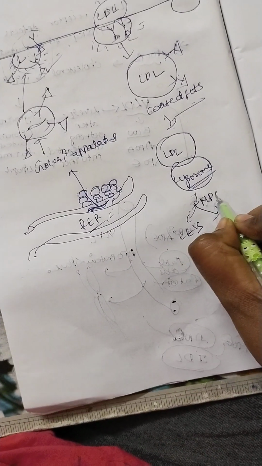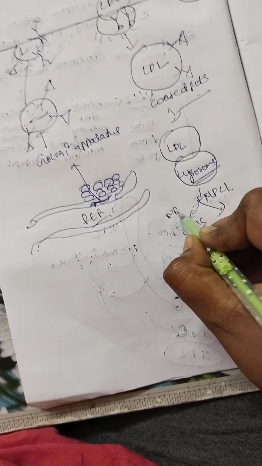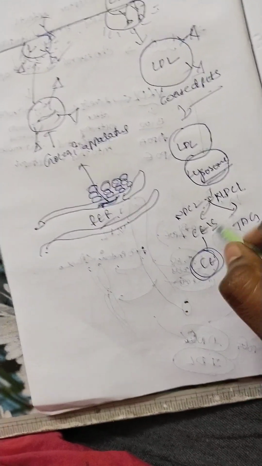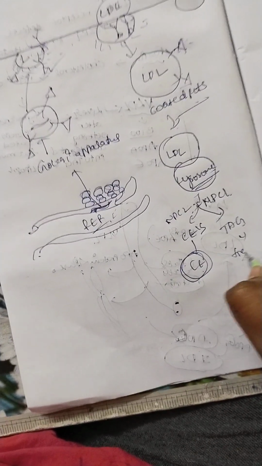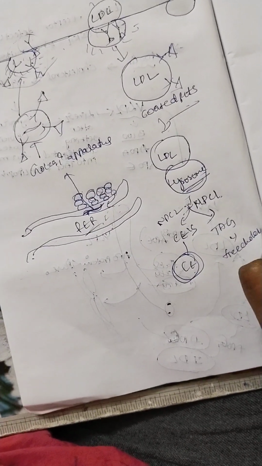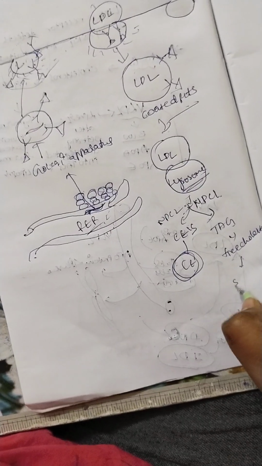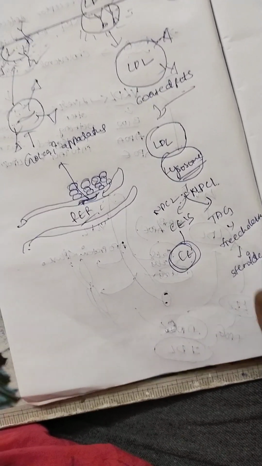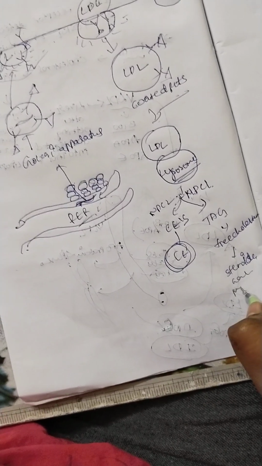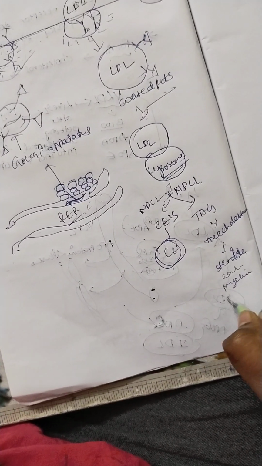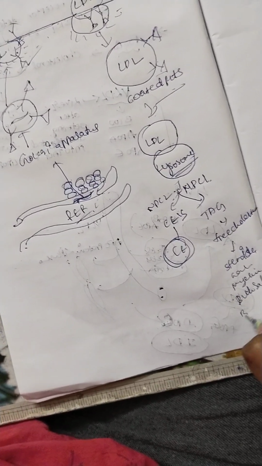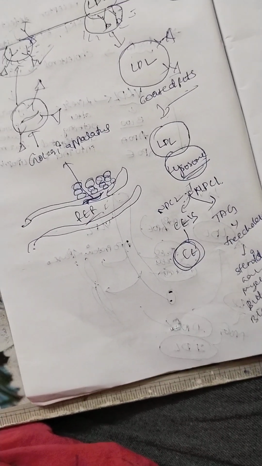This is controlled by the NPC1 and NPC2 genes, and triacylglycerol. These cholesterol esters get stored, and this is free cholesterol, which is helpful in steroid hormone synthesis, myelin sheath, and bile salts and bile pigment synthesis.